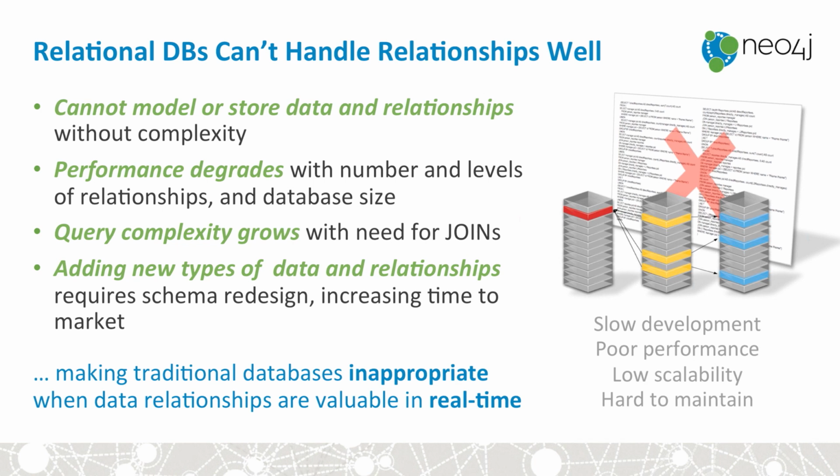And then you try to figure out how to improve that performance by accessing fewer tables or by denormalizing your data, and then it becomes just a lot harder to maintain your database. And so this all makes it really hard to use for real-time applications where the data model is changing and where the data itself is constantly changing, and you're trying to get a high level of performance on your queries.